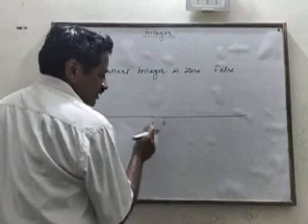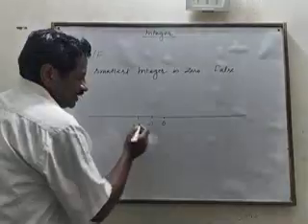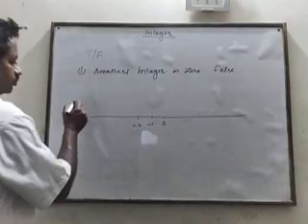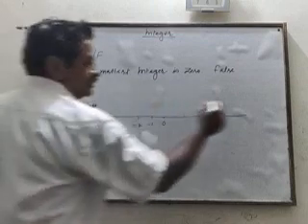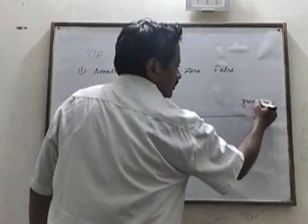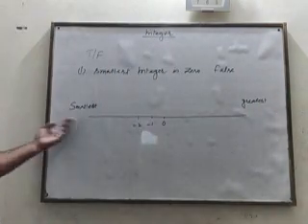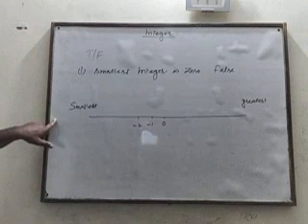Here minus 1 is smaller than 0, minus 2 is smaller than minus 1. So the smallest numbers will be on this side, the greatest numbers on this side. So we don't know the smallest integer.